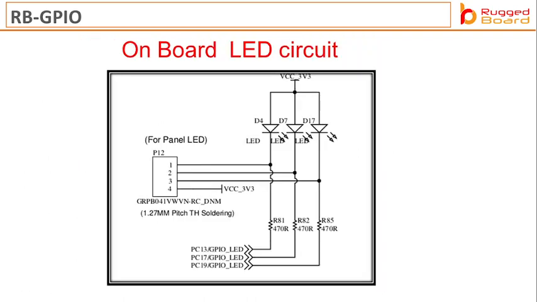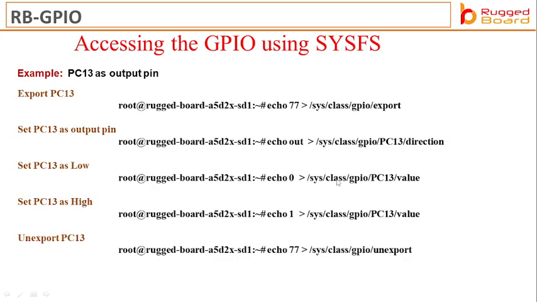Why? Because the LED is connected with a pull-up resistor. When PC13 is given as 1, it has a voltage, so there is no flow of current. Once we make it 0, there is a flow of current, so the LED will glow. When we make it 1, the corresponding LED will be off.